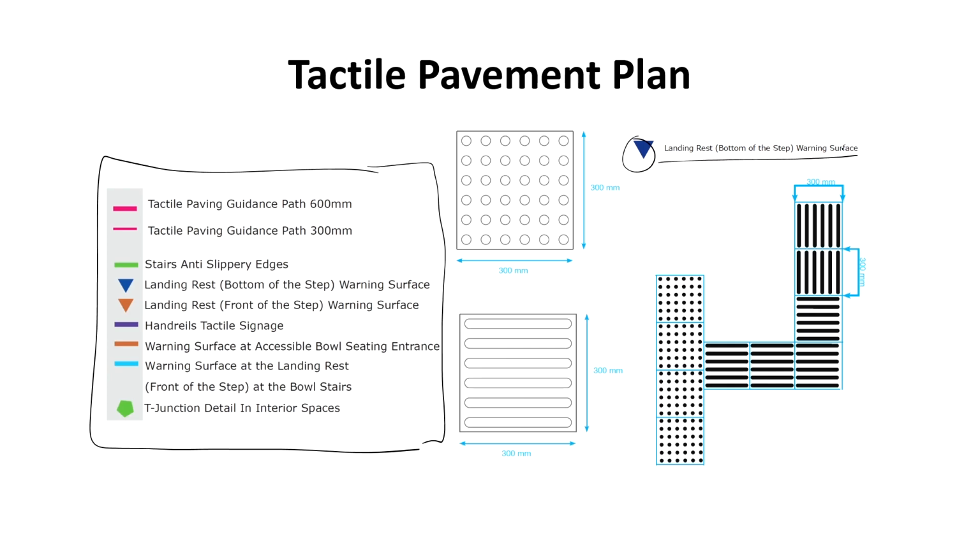So, suppose I am coming from here, this is how we show that there is a change in the direction, and then going here, this is for the warning sign. That means after this there is a step up or step down. This is basically for the bottom of the step, the point where the step is going to start.